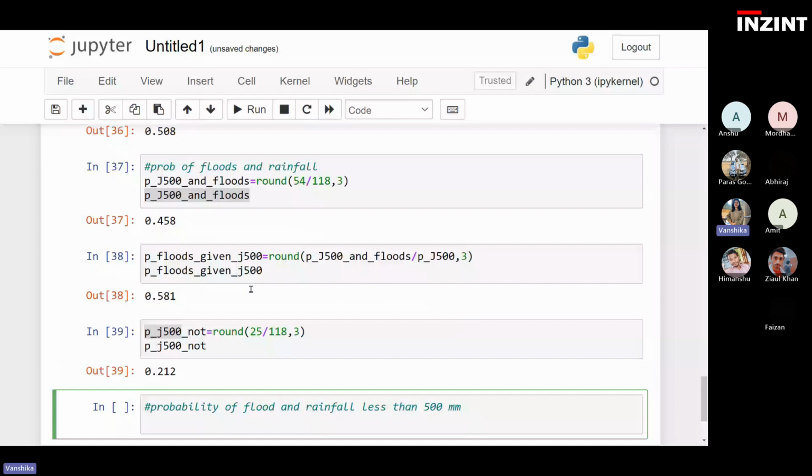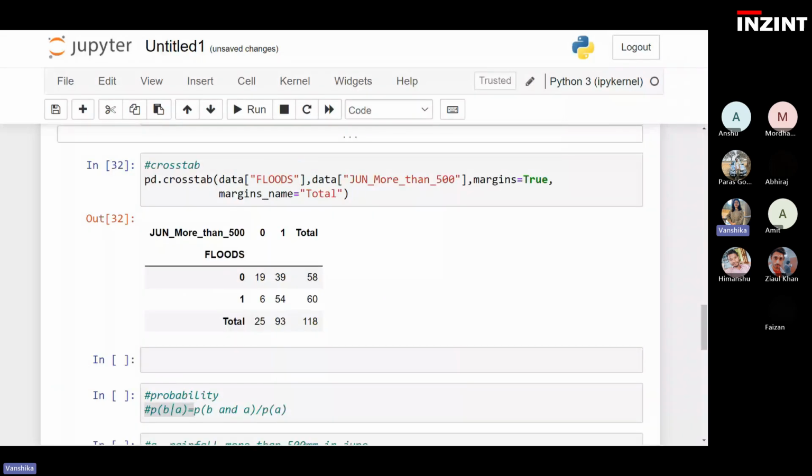Can you look at the data directly and tell me कि फ्लड के होने के कितने चांसेस थे जब रेनफॉल नहीं हुई थी?